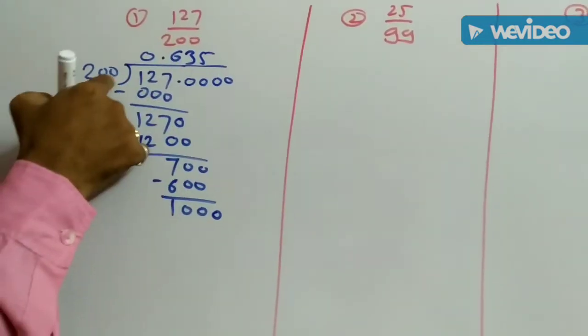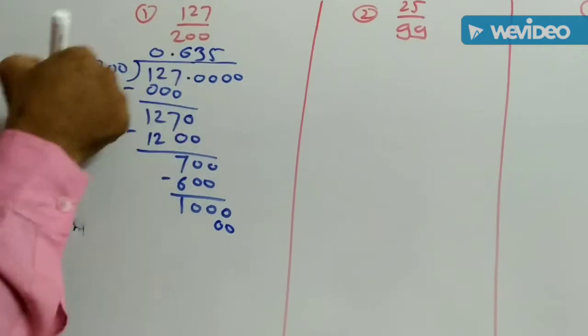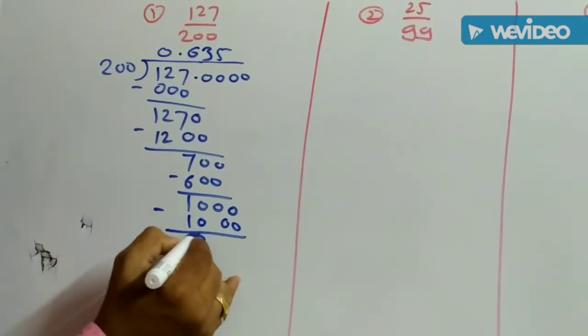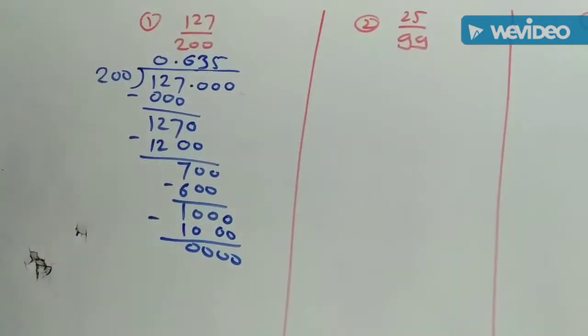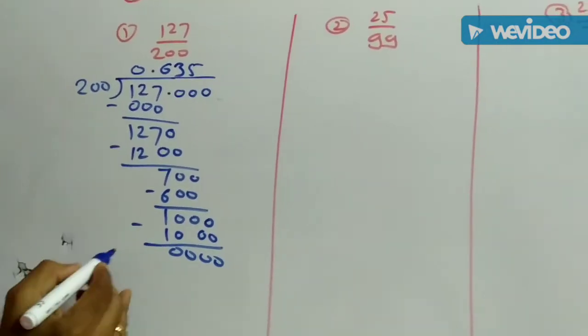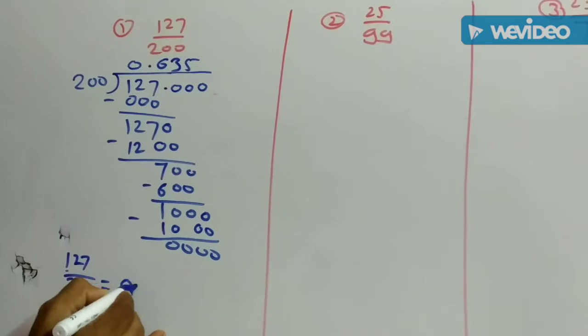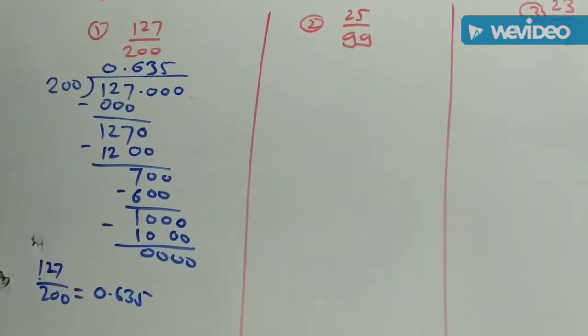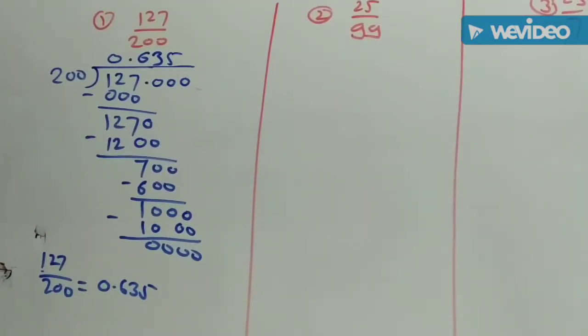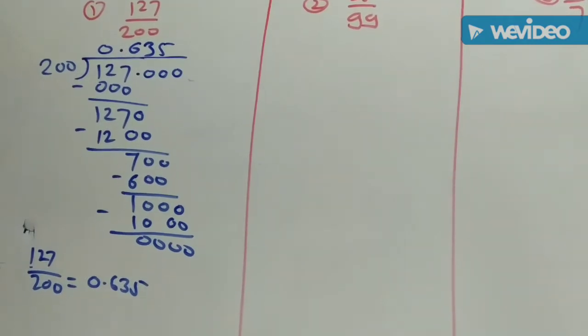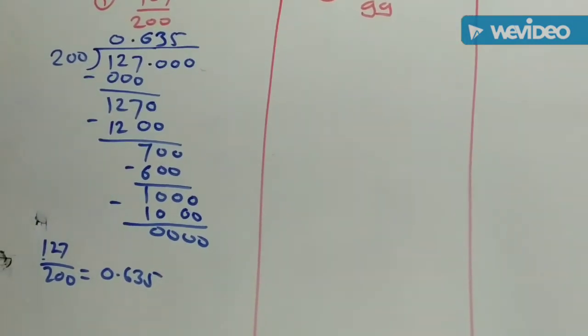Therefore 0 as it is. 5 twos are 10, and the subtraction is 0. Here we take 30. That means the decimal fraction of 127 upon 200 is 0.63265. This is the simplest division of the given rational number.